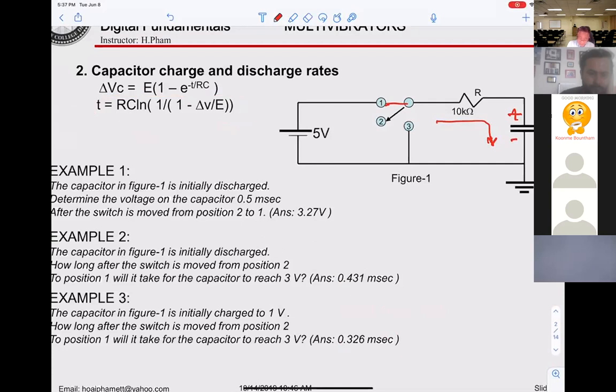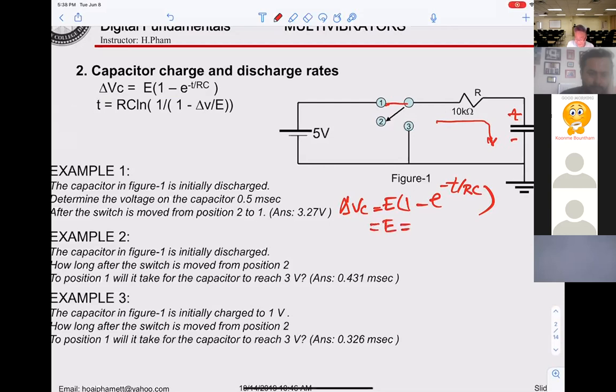Okay, so if you want to calculate the delta VC, after the switch is moved from position 2 to 1, the voltage on the capacitor, that means you get delta VC equal E times (1 minus ...). The only thing is to try to understand what E is.